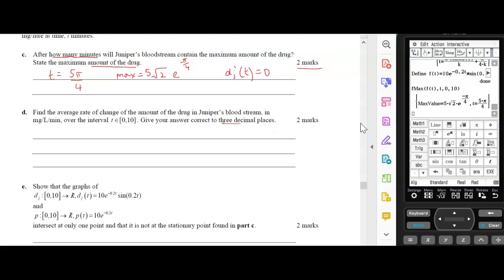So we need an approximate answer. Average rate of change. Okay, so we're going to do just the gradient between these 2 points. So we need to substitute in 0 and 10. All right, so our function 10 minus, actually, did I do that around the right way?